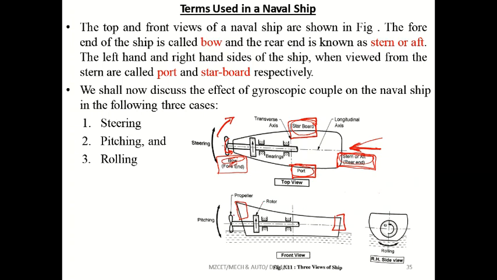So the bow will come out of the sea and the stern will try to go inside the sea.